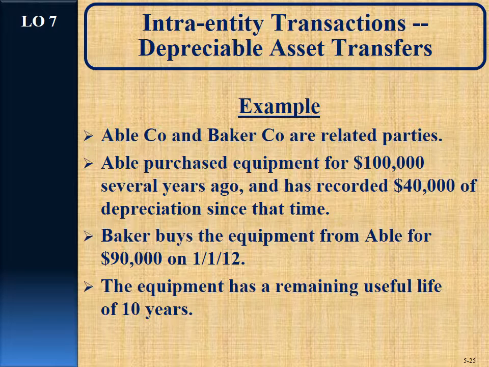So this is important. Right now, the book value of that equipment is $60,000. Baker buys the equipment from Able for $90,000 on 1/1/12. So they pay 90, where the book value was 60.